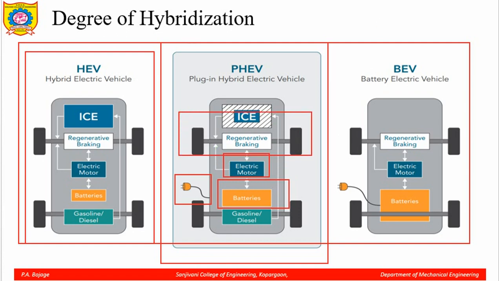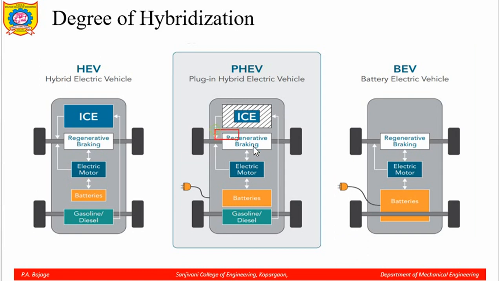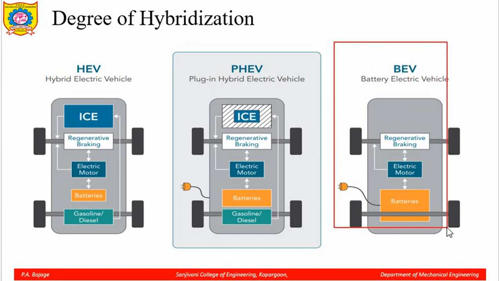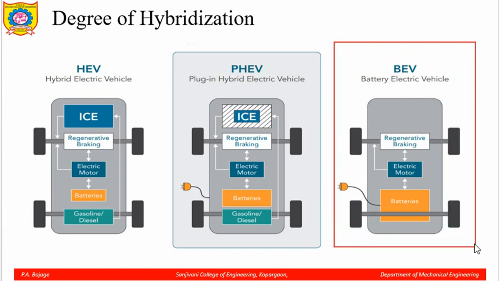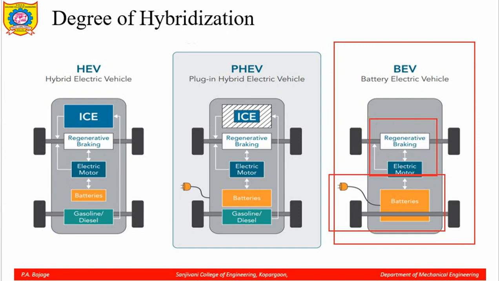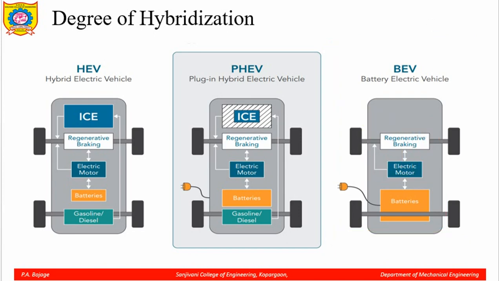It also has a regenerative braking system, a small IC engine and the gasoline tank or a diesel tank. And the last we have discussed is the BEV, that is the battery electric vehicle, where you have the battery, electric motor and regenerative braking technology.